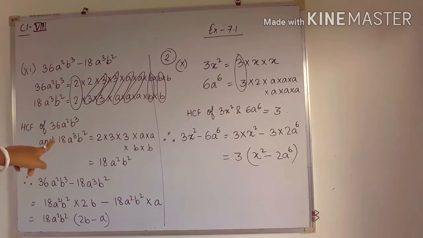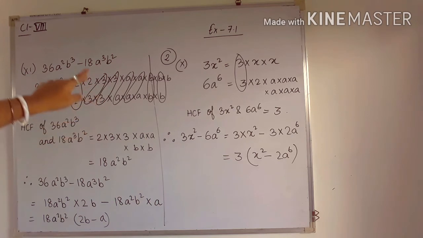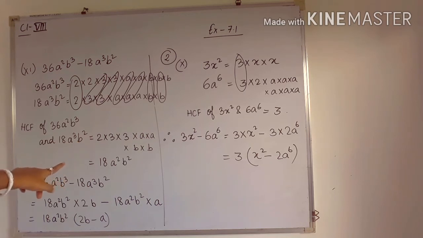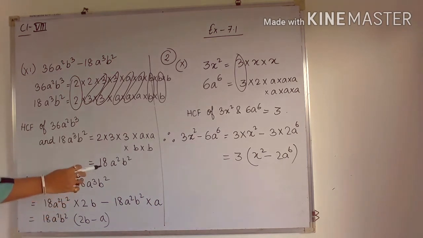So the HCF will be 2 into 3 into 3. Two a's are common, so a into a, and two b's are common, so b into b. So finally 18a square b square is the HCF of these two expressions. So we have to take common 18a square b square.